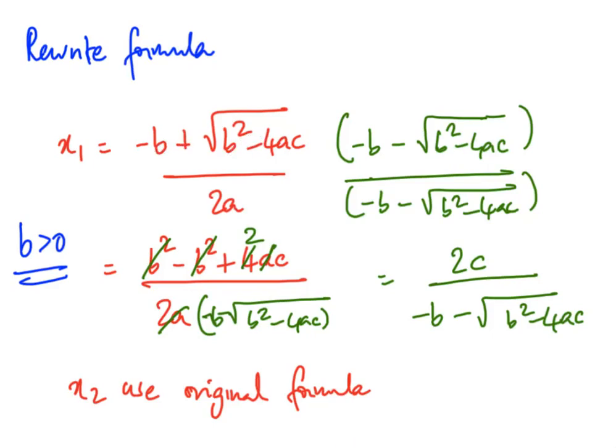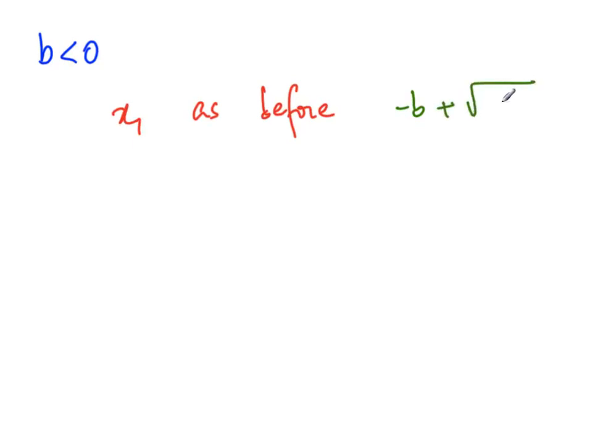On the other hand, you do a symmetric thing. If b is less than 0, then for x1 there's no problem. You just use minus b plus the root of b squared minus 4ac, by 2a, because b is negative, so minus b is positive, so this is just an addition.